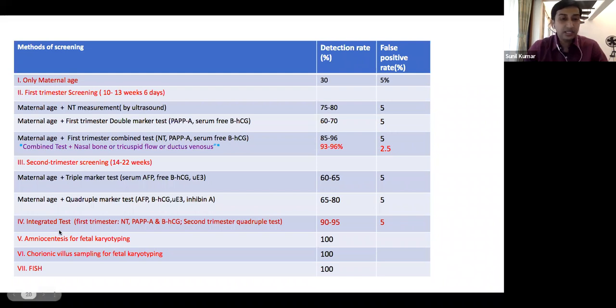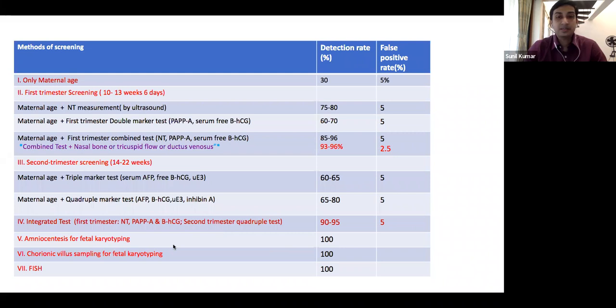If we do an integrated test, like first trimester NT scan, PAPP-A and beta HCG plus second trimester quadruple test, then we have a detection rate of 90 to 95%. See here, the combined test in first trimester screening, 93 to 96%, is the highest compared to the second trimester integrated test, like the second trimester quadruple test along with the first trimester scan.